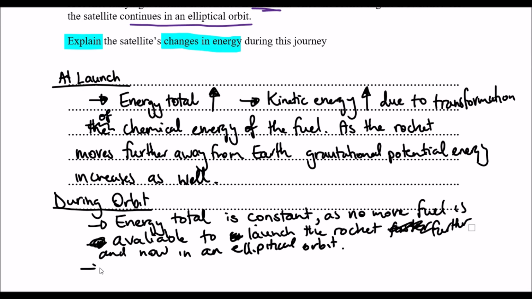Okay, what we know is at the perigee, the kinetic energy is maximum and the gravitational potential is at its minimum.